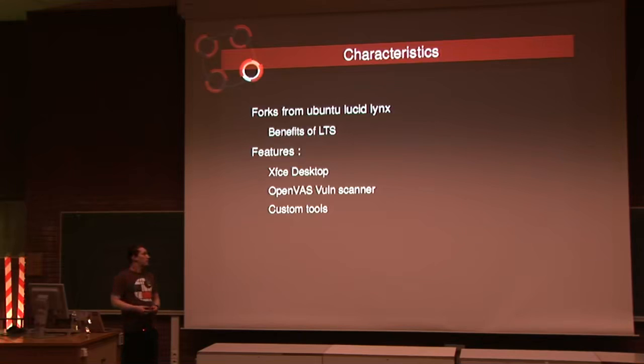And it's a very active project too. So we get many updates from the community, and it's great. And we also feature custom tools that are mostly developed in PyGTK, so it's mostly GUI tools.